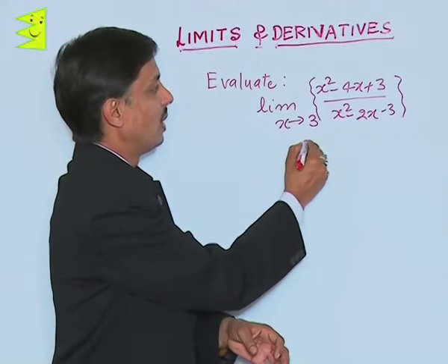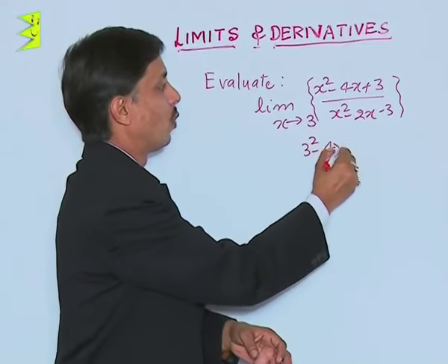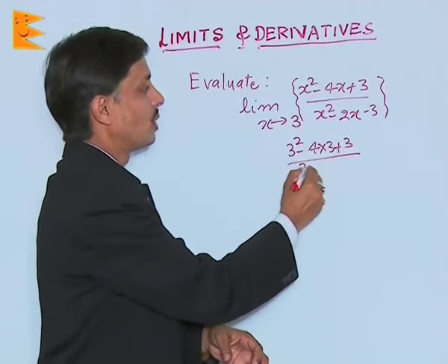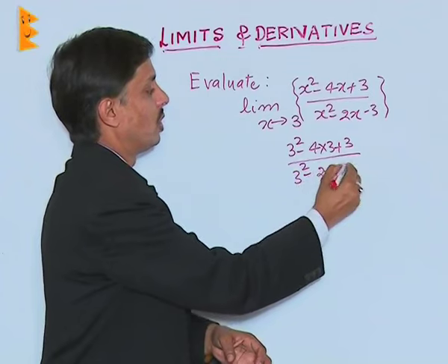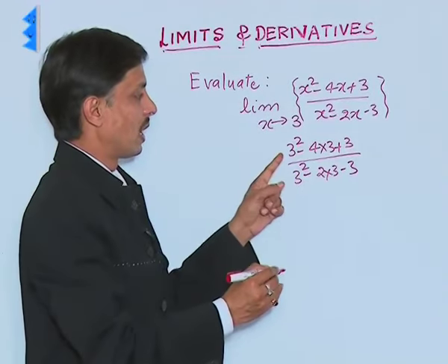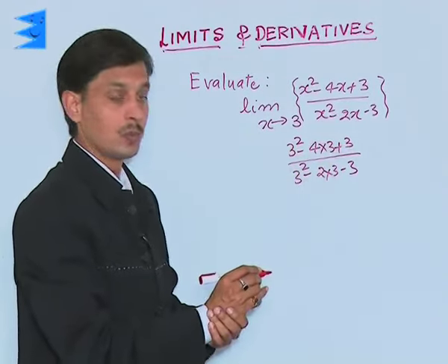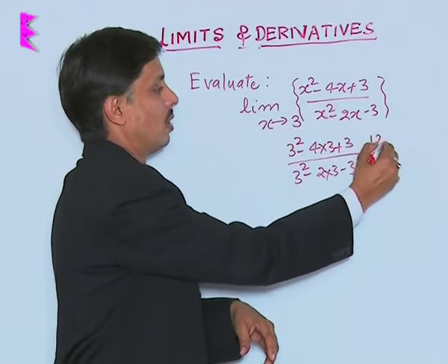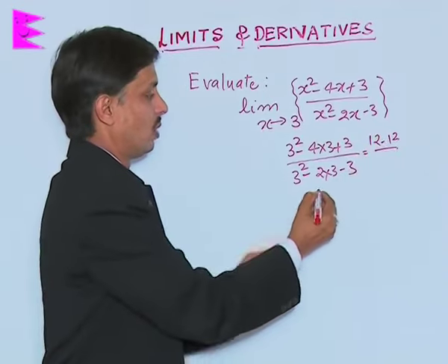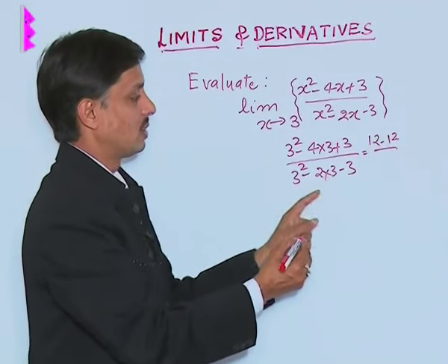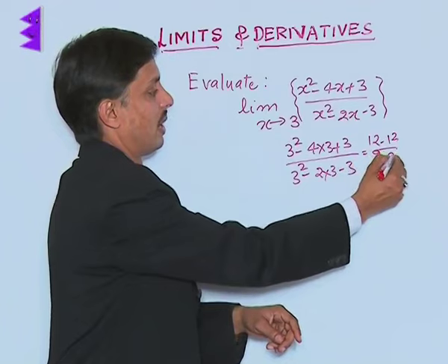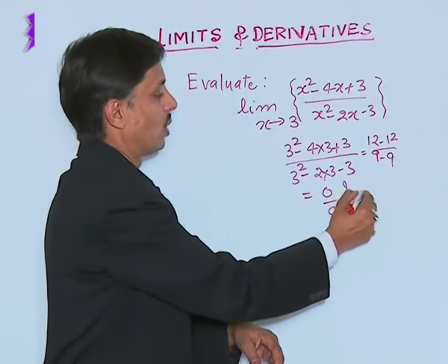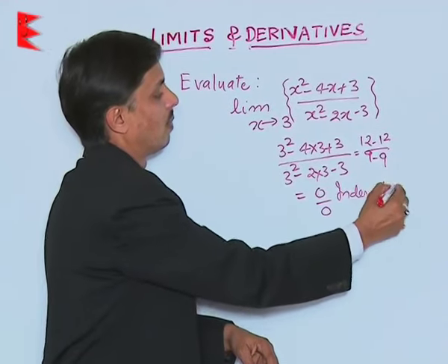So this will be 3 square minus 4 into 3 plus 3 upon 3 square minus 2 into 3 minus 3. This becomes 9 minus 12 plus 3, which is 0, upon 9 minus 6 minus 3, which is 0. So it becomes 0 upon 0, said to be indeterminate form.